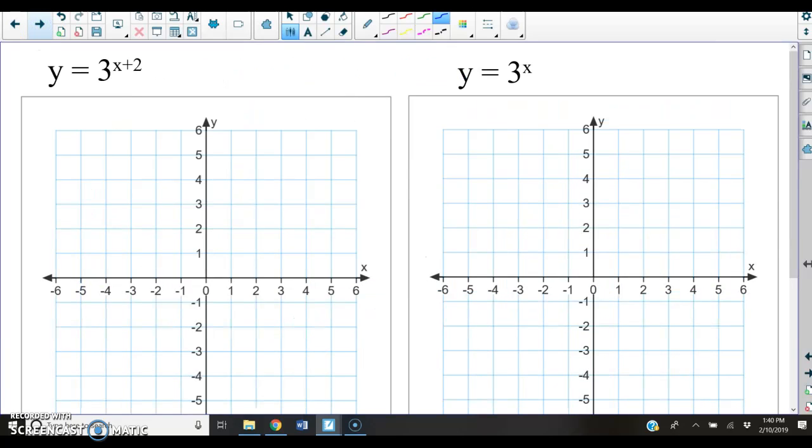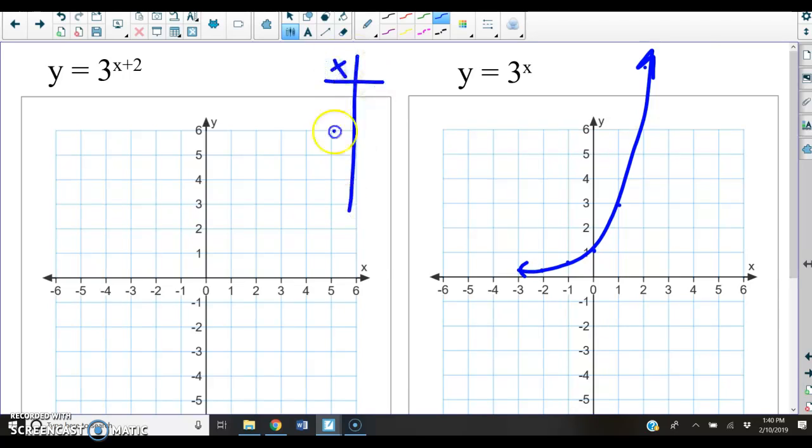All right, now again, this time we're changing the exponent. 3 to the x, you're getting handy at this, aren't you? 1/3, 1/9. Okay. So what does that plus 2 do? Well, when you try to make your chart, if you put 0 in for x, this is really raising 3 to the second, and we get 9. If we want to raise 3 to the 0, we got to put -2 in for x.